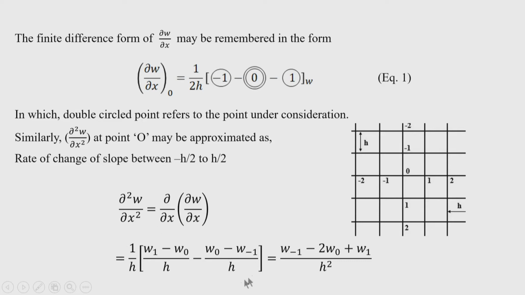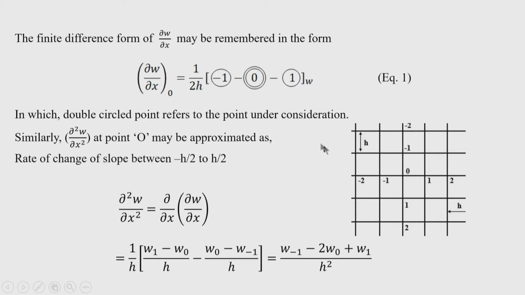So, after simplification we get (W minus 1 minus 2 W naught plus W1) divided by h square. So, this equation has some implications. Okay. That means, it is the second derivative.